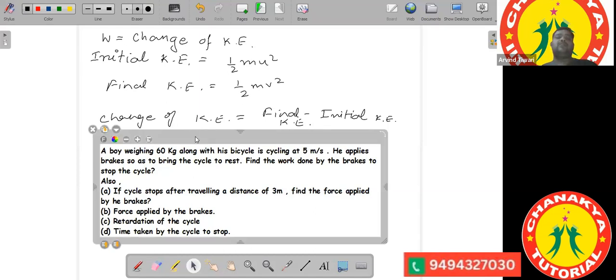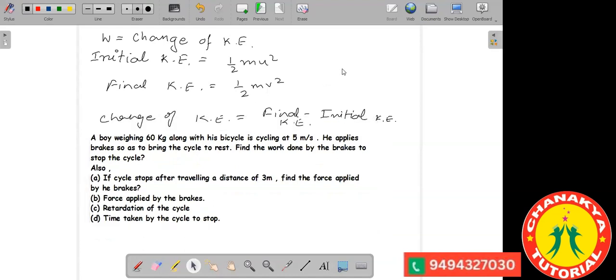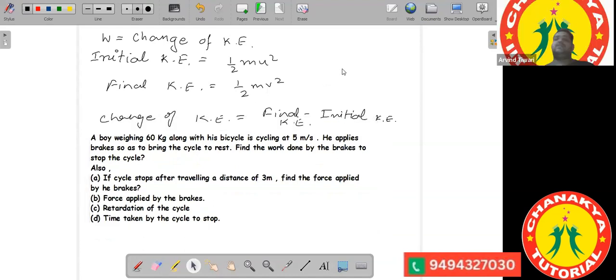How do we compute the first part? Work done will be equal to 1 upon 2 mv square. So half mv square will be equal to the work done. That's quite easy. You can compute your work done.